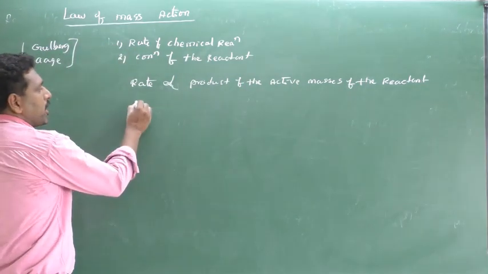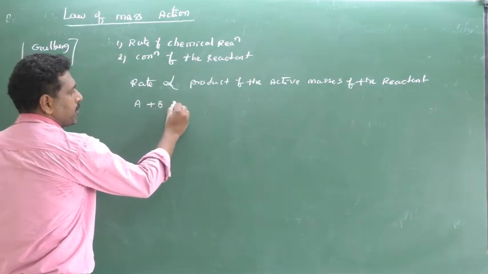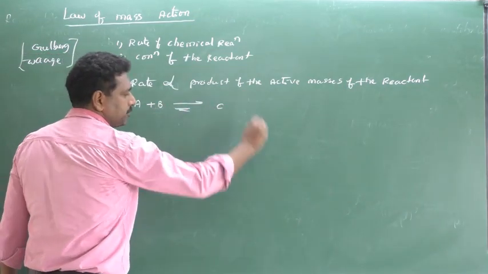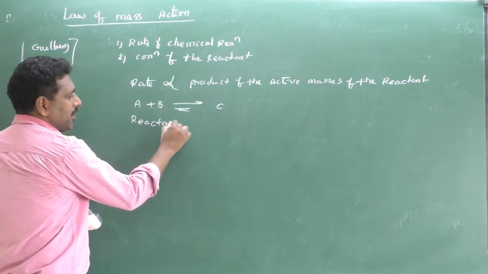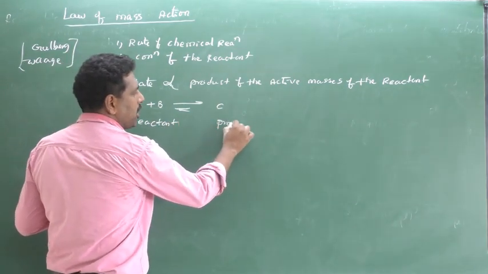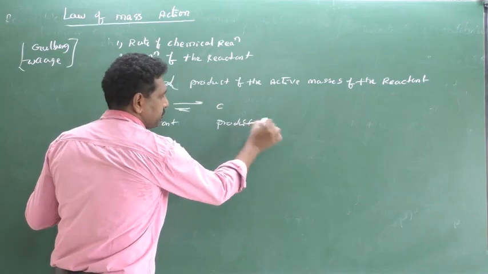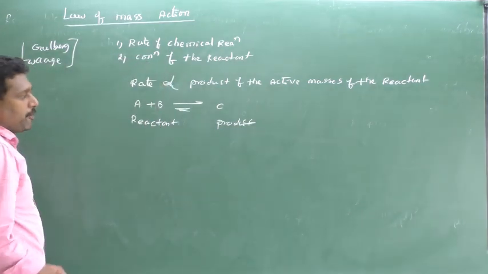So what is the product? Take A plus B gives rise to C. Here A and B are called reactants and C is called the product.